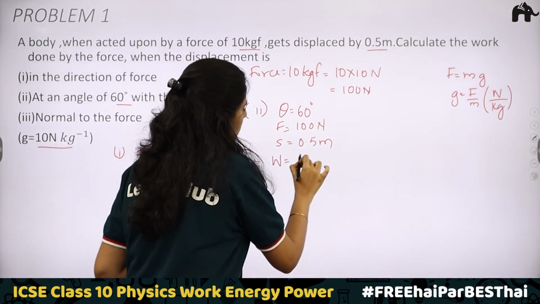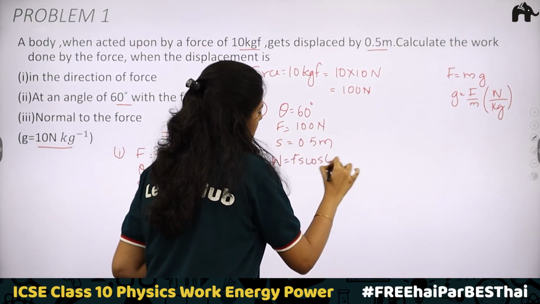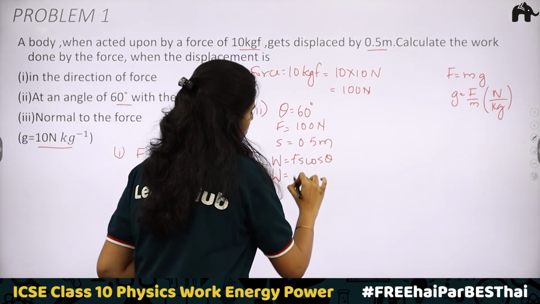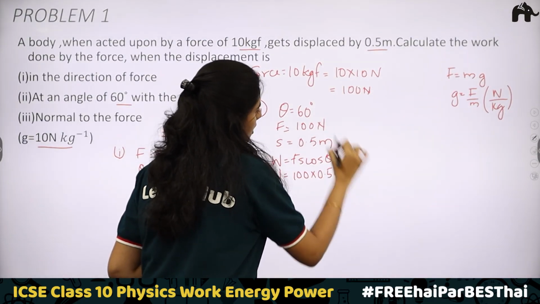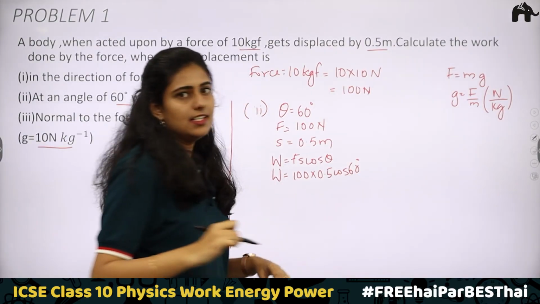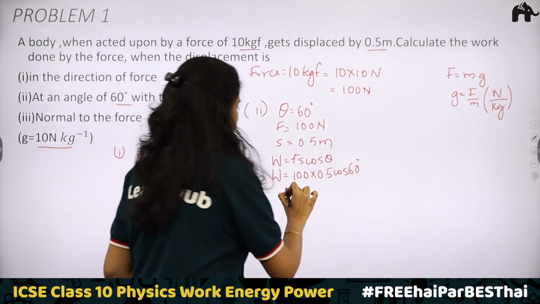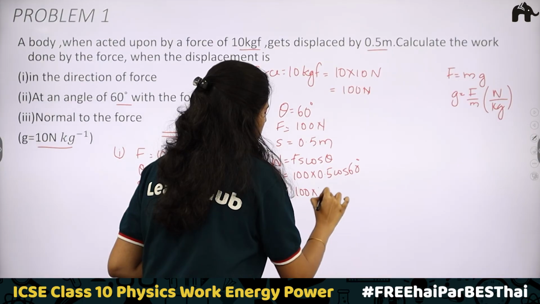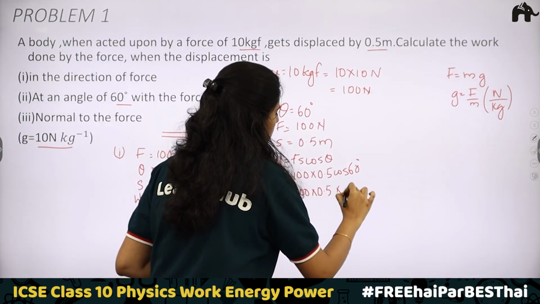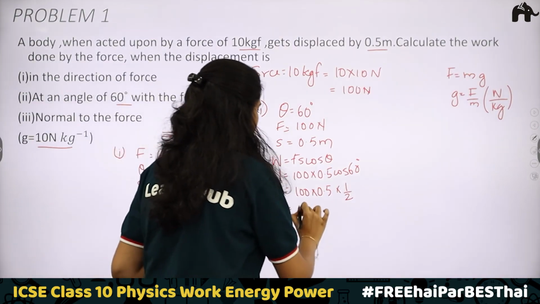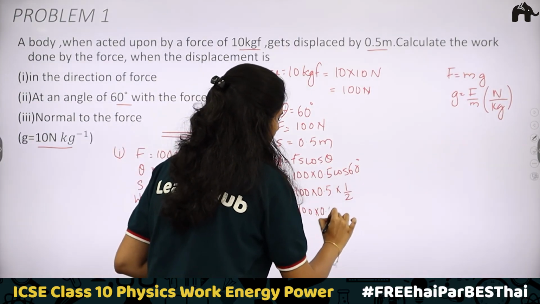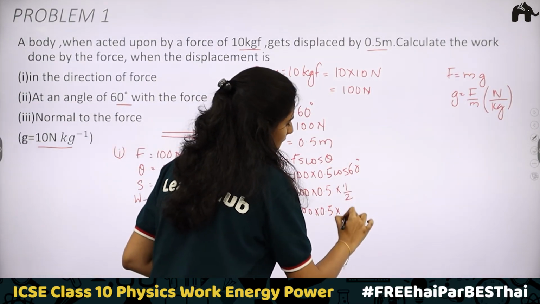Work is equal to Fs cos theta. Work is force 100 into displacement 0.5 into cos of 60 degree. What is cos 60 degree? 1 by 2. Correct. So 100 into 0.5 into 1 by 2 is again 0.5.